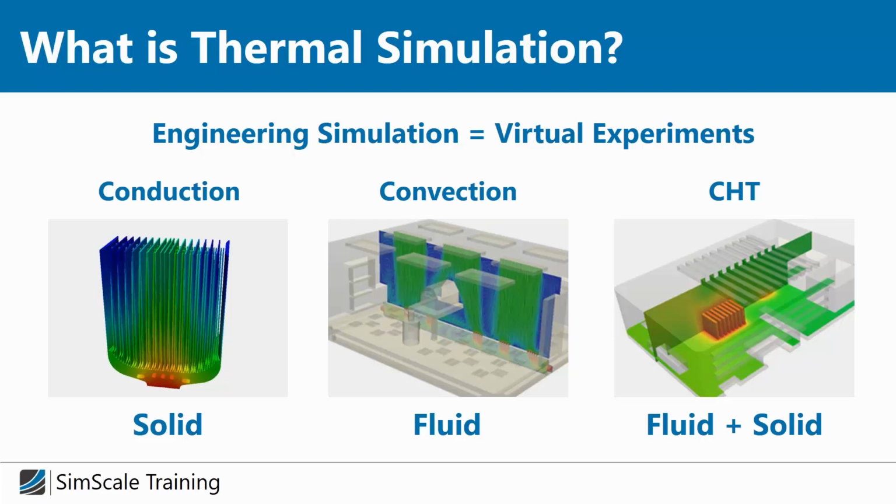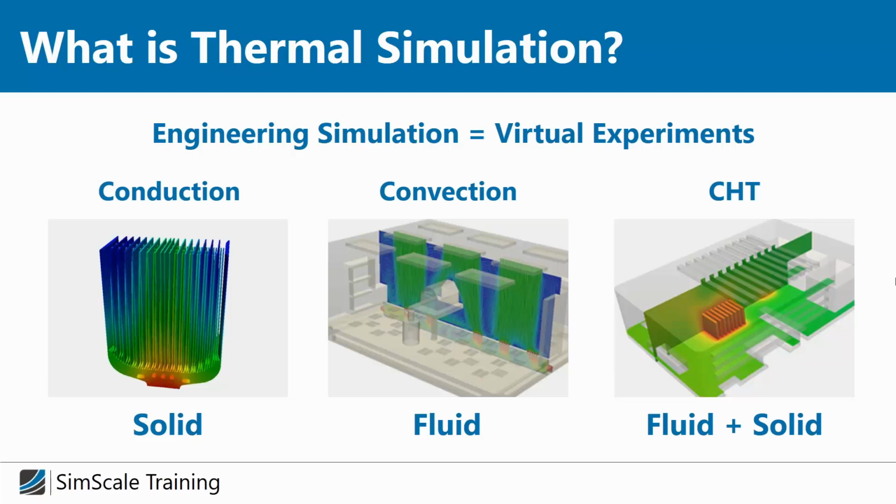And a good example is this simulation you can see on the right side, which is representing the temperature distribution inside the case of an electronic device. And here we are simulating both the solid heat transfer inside the heat sink and the heat transfer from the solid body to the fluid around it, to the air in the housing, and also the convective effects inside the housing.